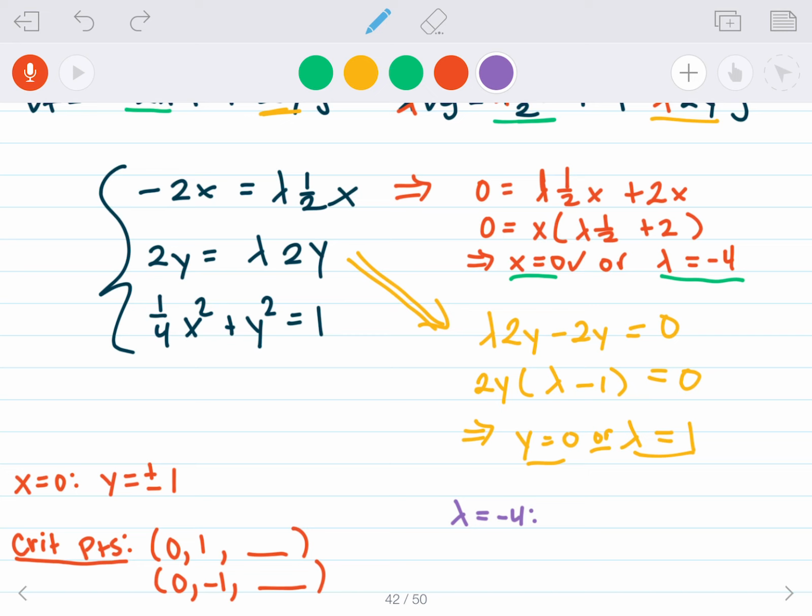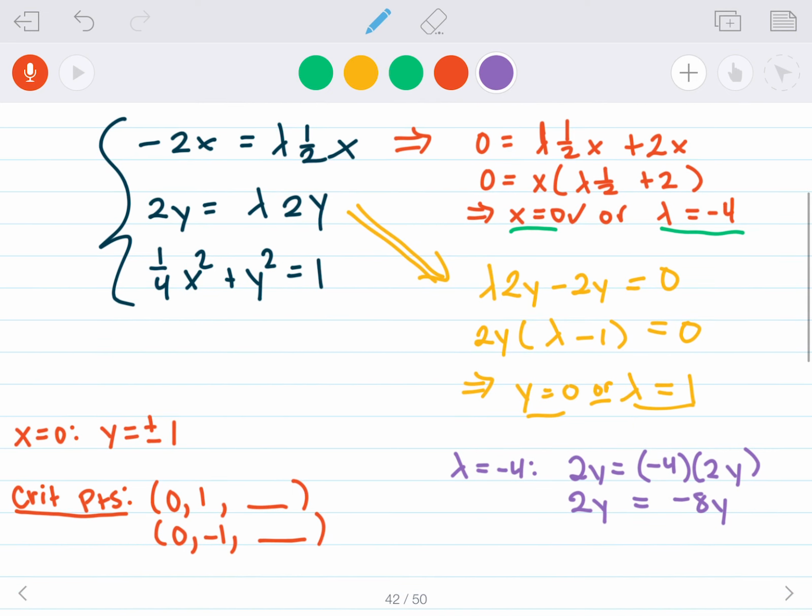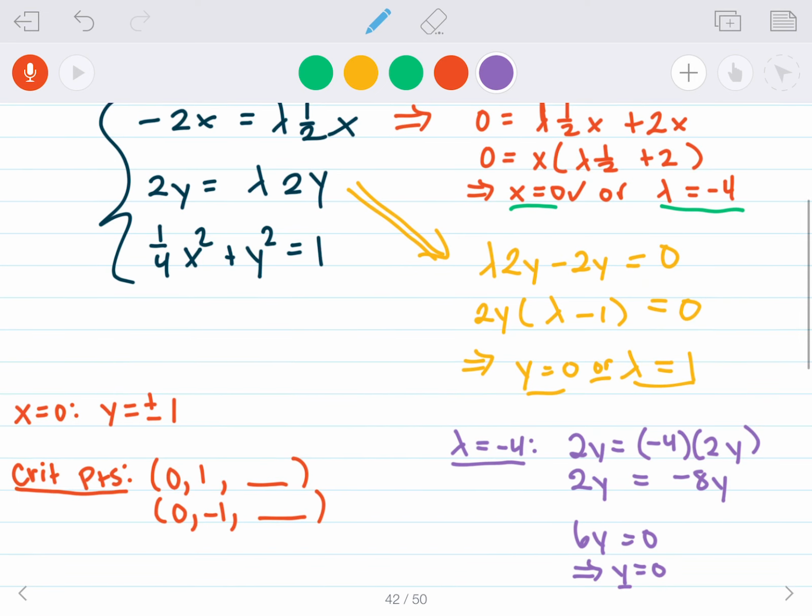When lambda equals -4, I get 2y equals negative 4 times 2y. So I get 2y is equal to negative 8y. Then I'll add 8y to both sides to get 10y equals 0, and therefore y is equal to 0. So when lambda equals negative 4, we get the conclusion y equals 0.